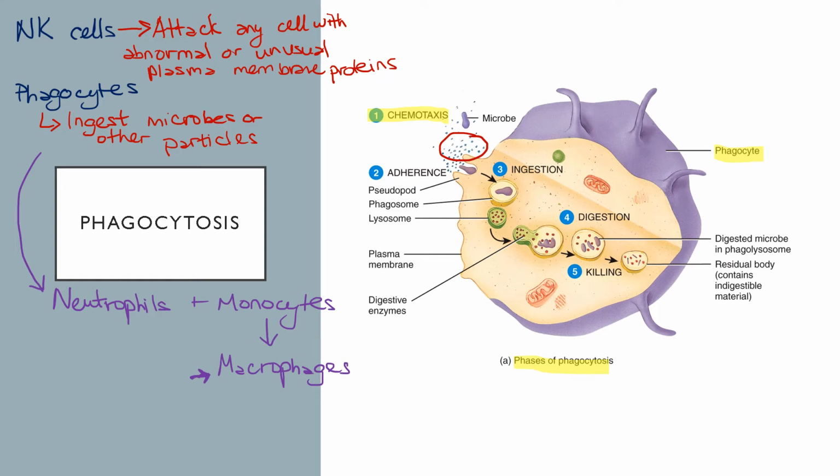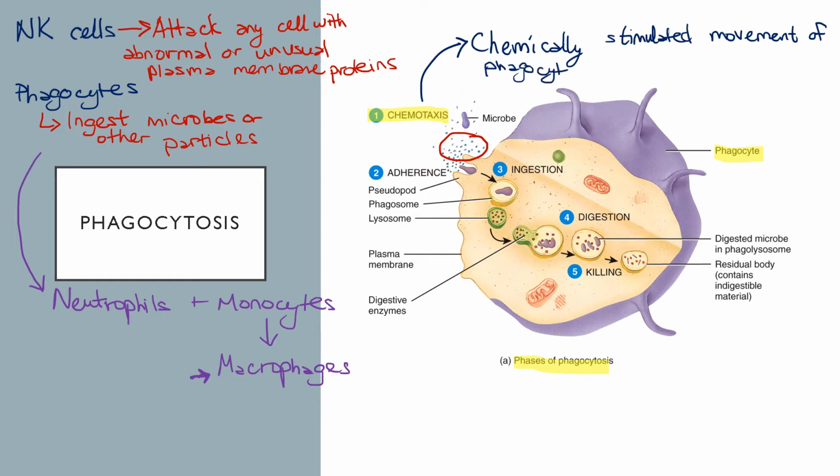So that's the definition of chemotaxis: chemically stimulated movement of a phagocyte to a site of damage, or also to a microbe or other foreign particle.